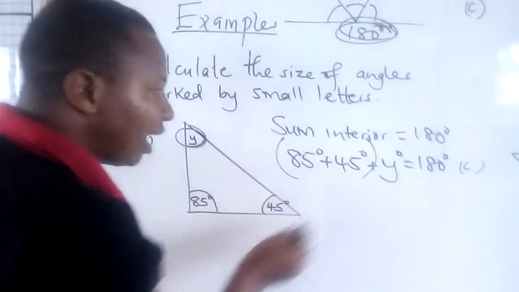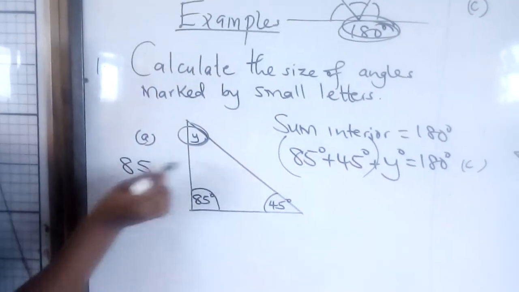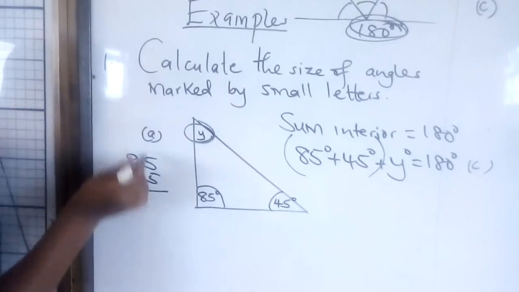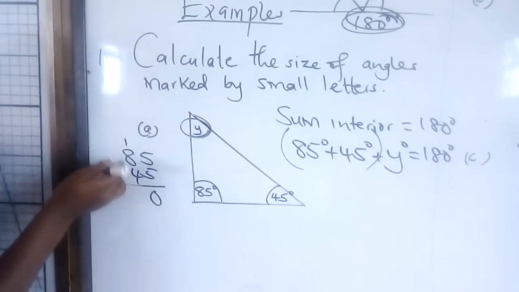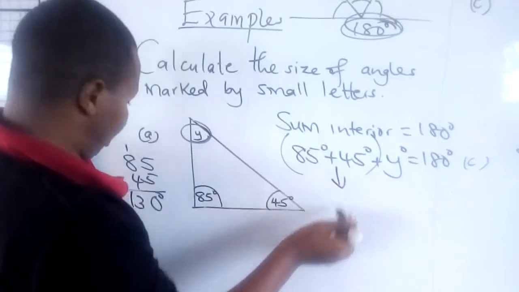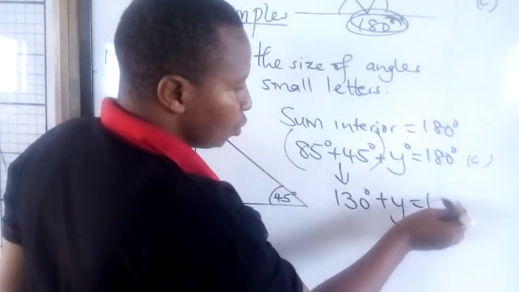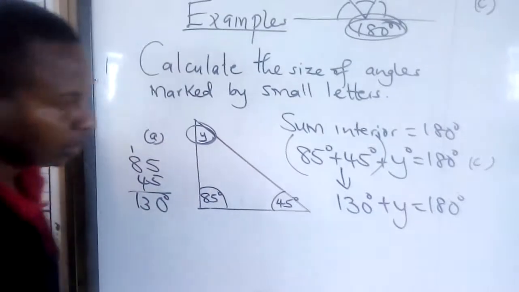So start by adding what you are given. So we have 85 plus 45. This is 0 add 1. This is 12 add 1, 13. So these two angles are giving us 130 degrees, plus Y is equal to 180 degrees.